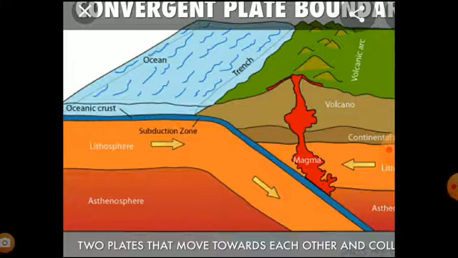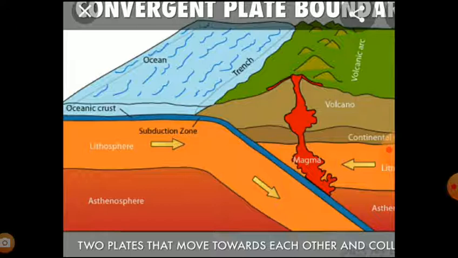The second layer is the lithosphere and the third is the asthenosphere. When two plates of lithosphere collide with each other, one lithosphere plate slides down the other lithosphere plate, then the two plates are termed as convergent plates.